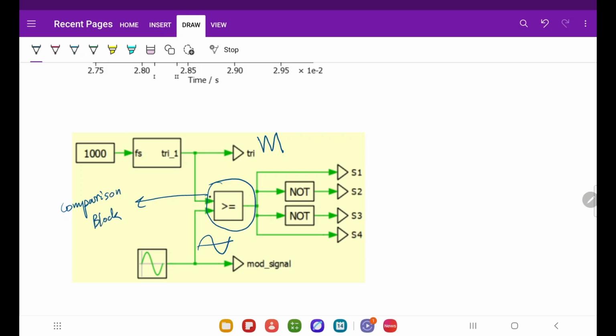And I am getting all the pulses here, as you can see that S1 and S4 are identical, they have the same pulse. And when I do a NOT, I am getting S2 and S3, they are also identical.